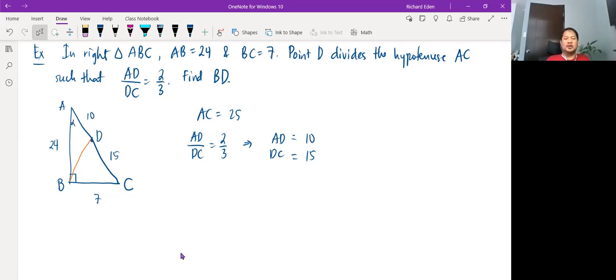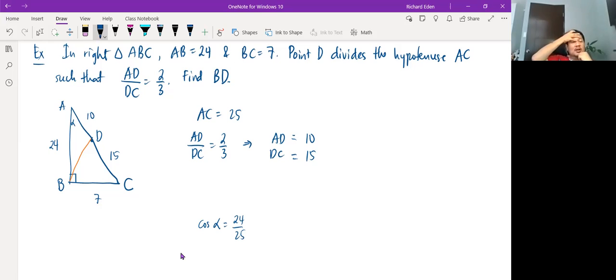Cosine alpha is equal to 24 over 25. If we're thinking of the inverse cosine, we can find alpha, but we don't need to use the arc cosine.